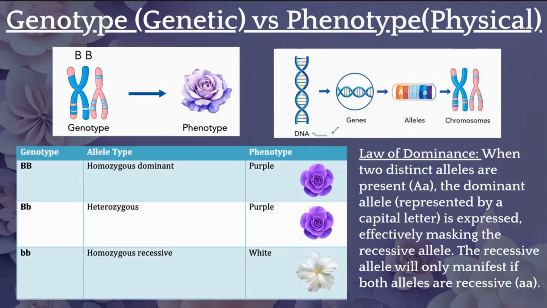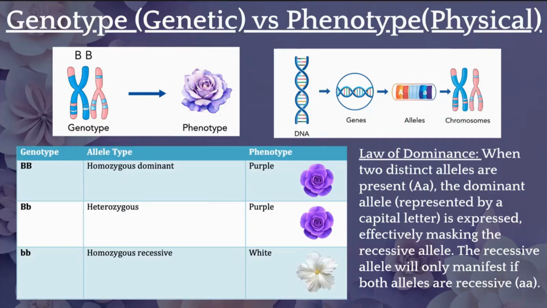But for now, we know that DNA makes up our genes, and genes basically make up our alleles or the lettering that represent what we physically combine together to make up our phenotype, which presents themselves in our chromosomes.